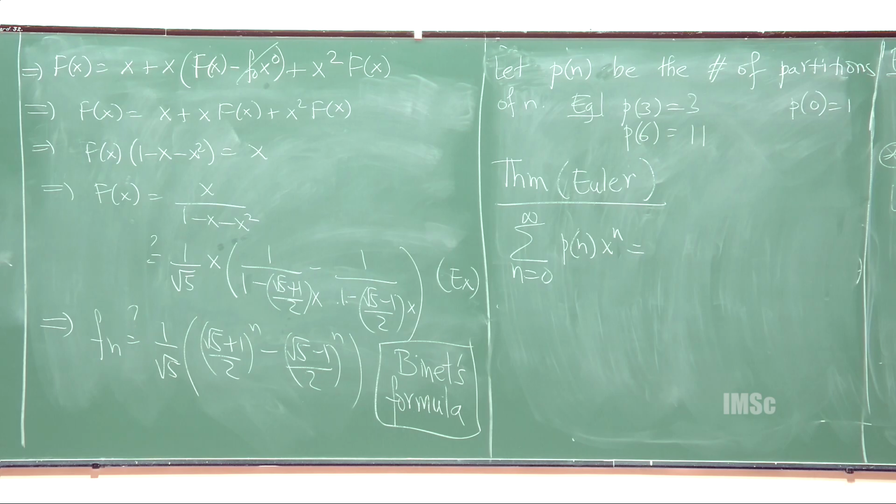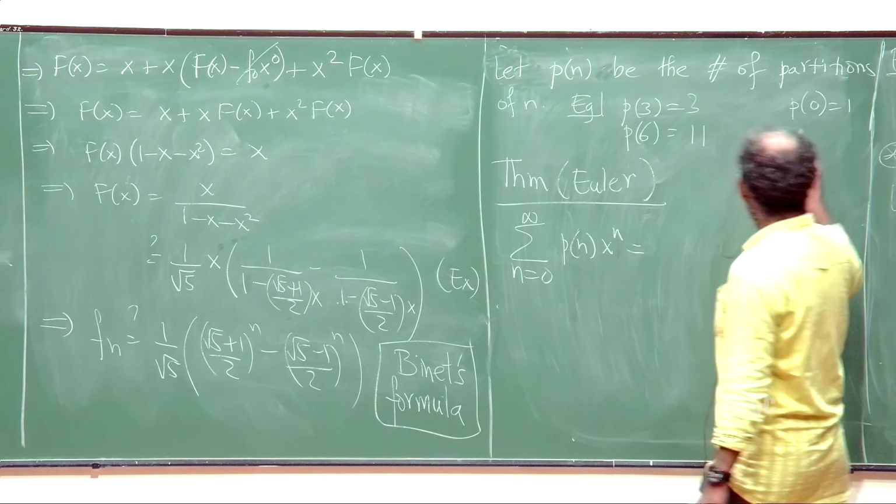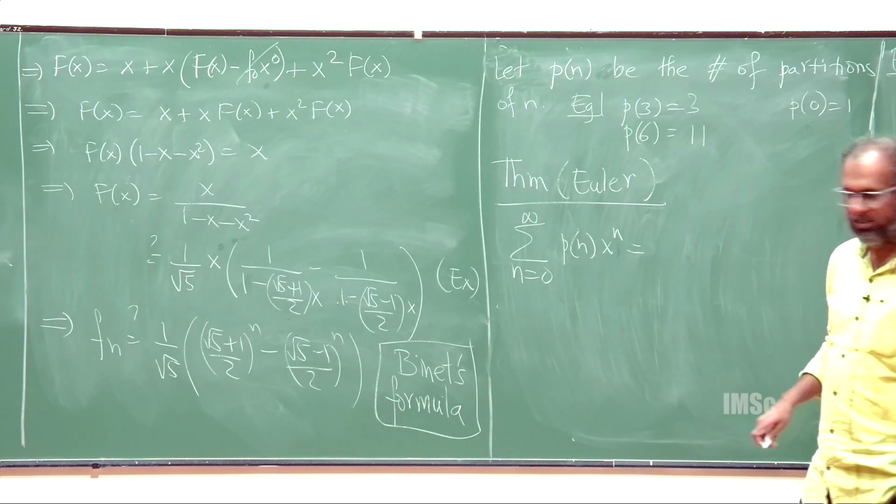The number of partitions of 0 is 1 because there's only one way to do nothing. You can do nothing in only one way. So P0 is 1. And you'll see why that will make life very easy.